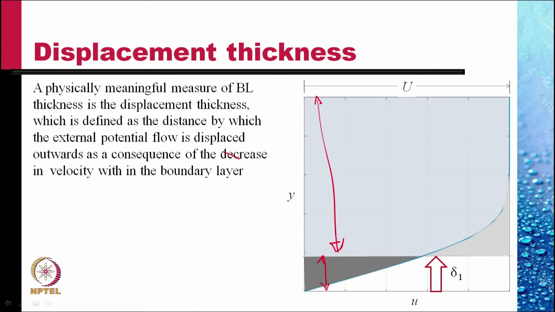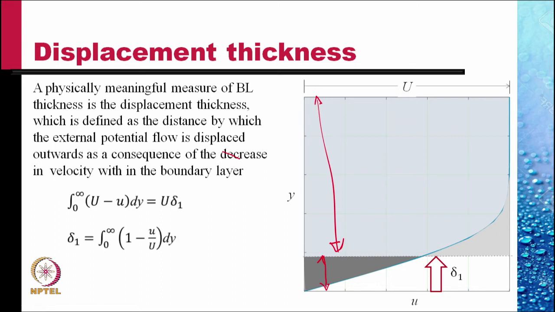So if we shift the boundary by distance delta 1 and we let the flow proceed with the velocity capital U everywhere, then the flow rate would be same as the actual flow rate on the actual plate with the development of boundary layer.